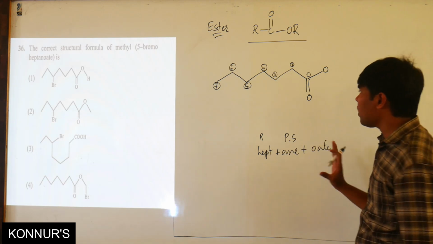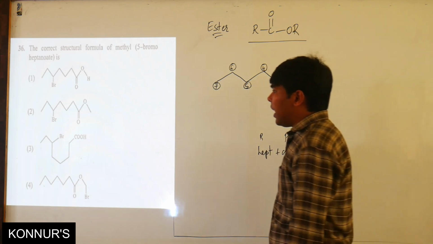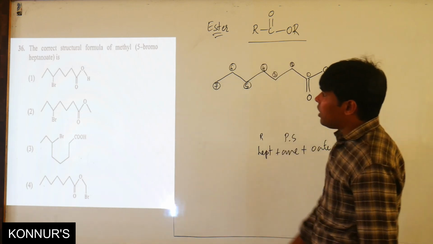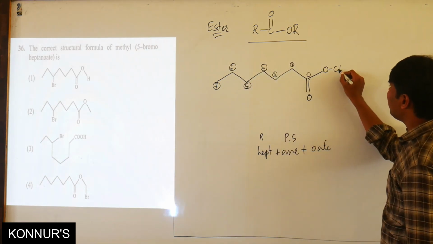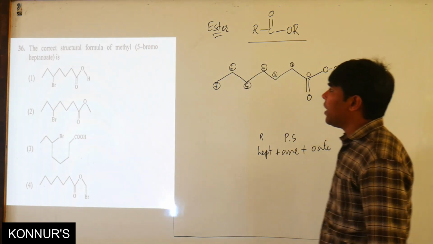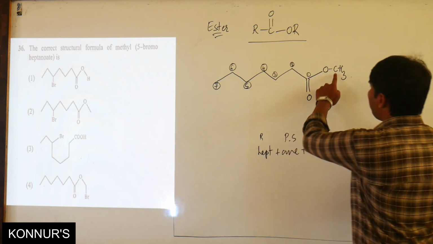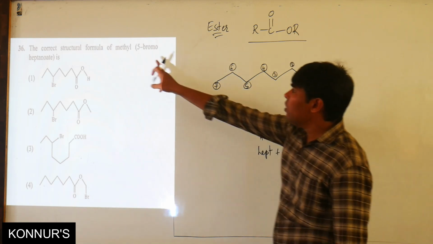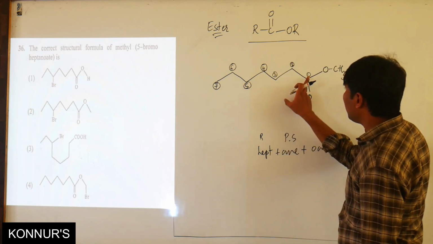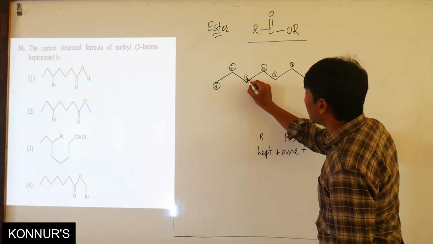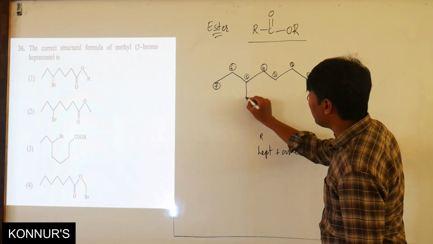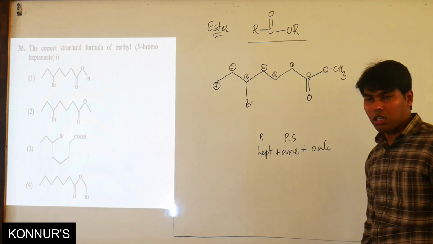So heptanoate I have already drawn, and here there is a methyl group attached to this oxygen, so it is a CH3, and now this becomes methyl heptanoate, but I need 5-bromo. So first carbon, second carbon, third carbon, fourth carbon, on the fifth carbon there is a bromo.